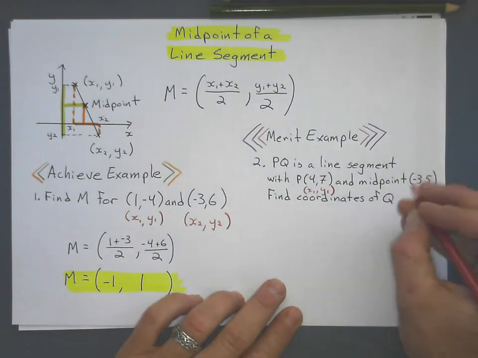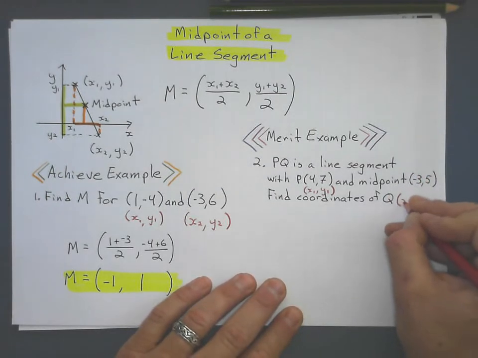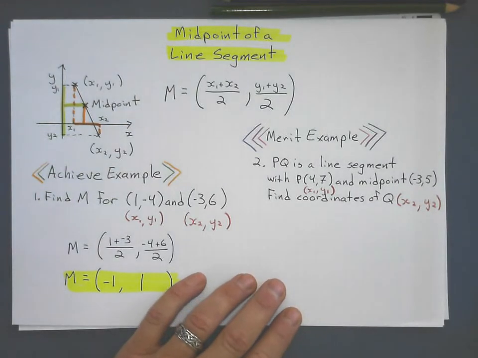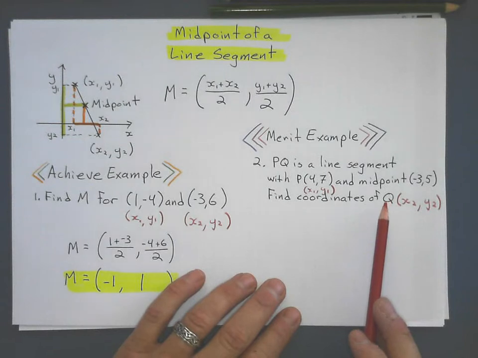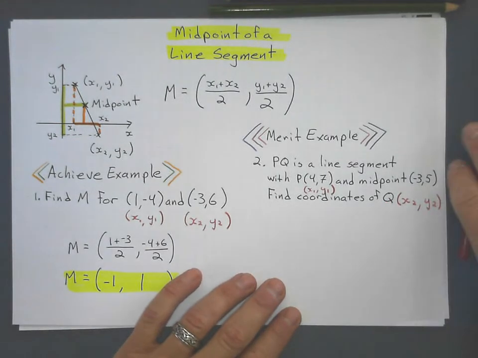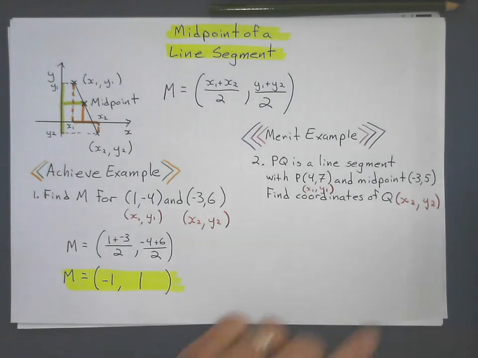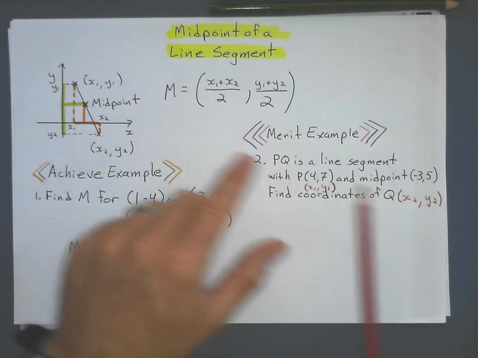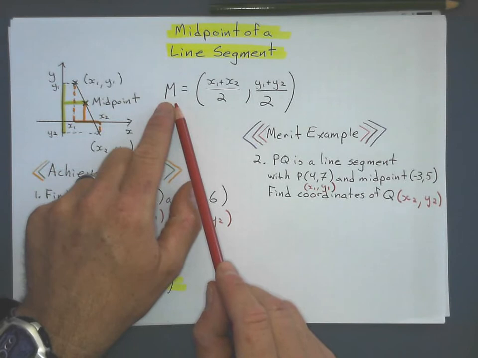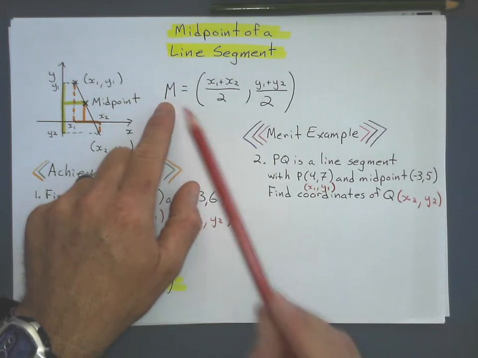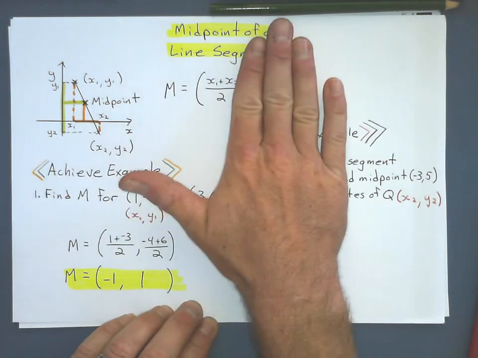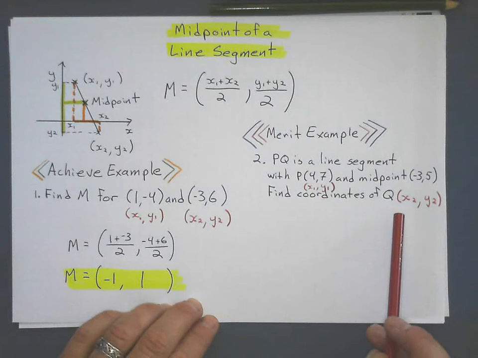It doesn't state that, but that's really what I'm figuring out: the x-coordinate and the y-coordinate for that second endpoint of the segment. Okay? So if I know the midpoint, which is right here, what I'm going to do is substitute that midpoint into m of my midpoint formula and figure out two equations at a time. So let's figure out x2 first.